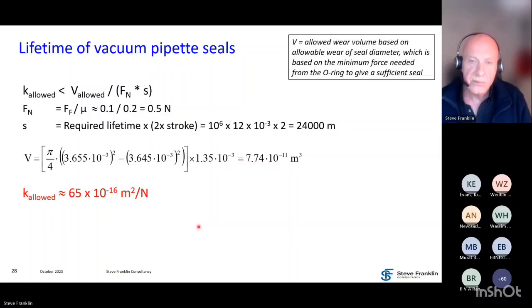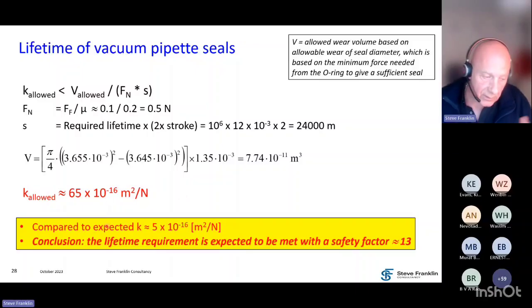It looks complicated, but it's just simple geometry, looking at the geometry of the contact there, and we can work out the volume. We find that the allowed wear factor is about 65 times 10 to the minus 16.